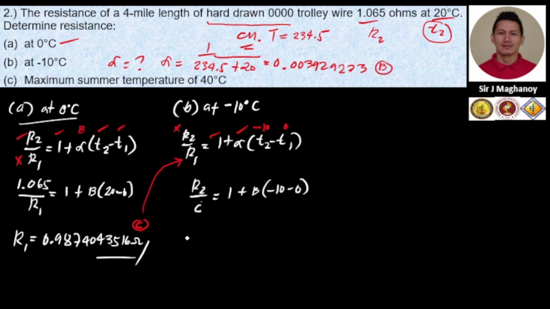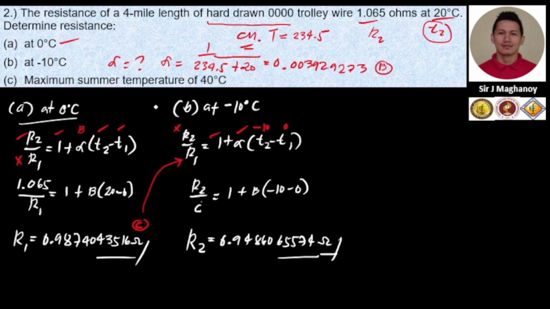Okay, so finally our R2 is 0.94860655 74 ohms. So that is the value of our resistance at -10 degrees Celsius.